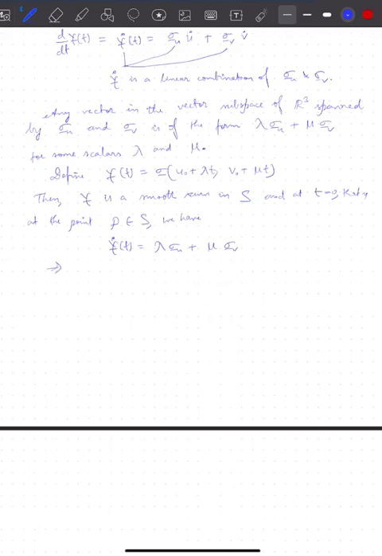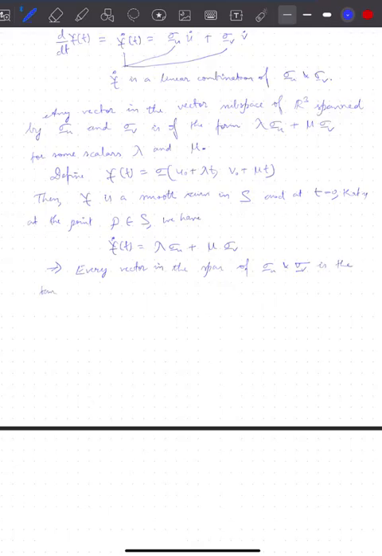So this implies that every vector in the span of sigma u and sigma v is a tangent vector, right?